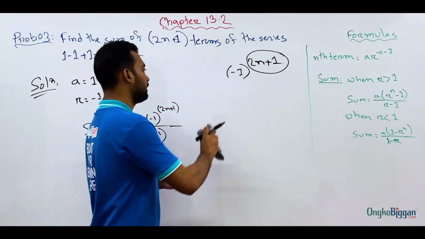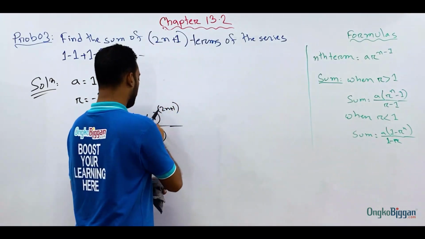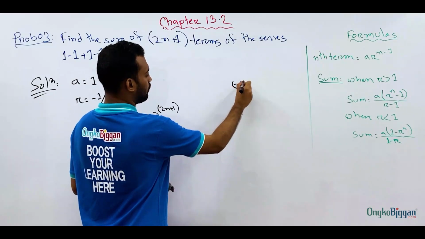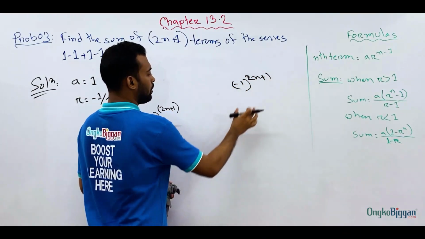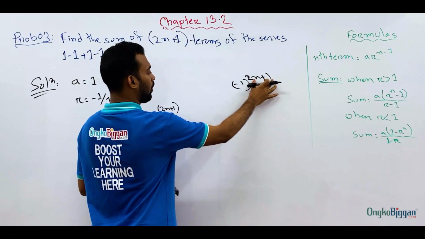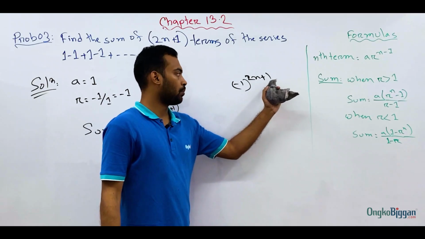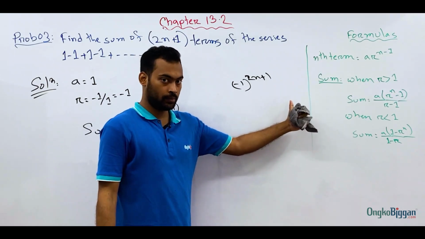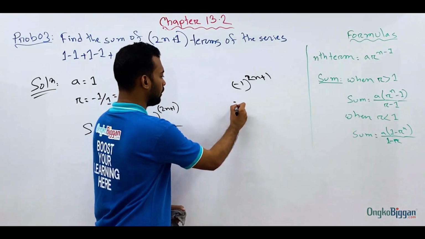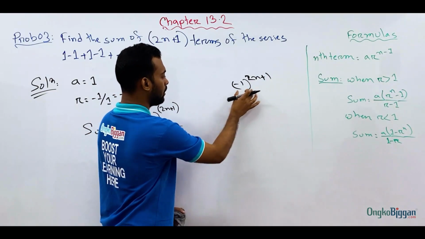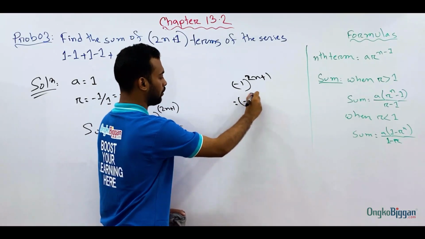So in our case, minus 1 to the power 2n plus 1, this whole power is an odd number. We don't know exactly what number it is, but we know that this is an odd number. And minus 1 to the power of any odd number should be equal to minus 1.